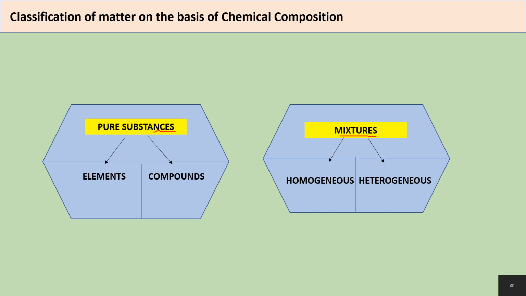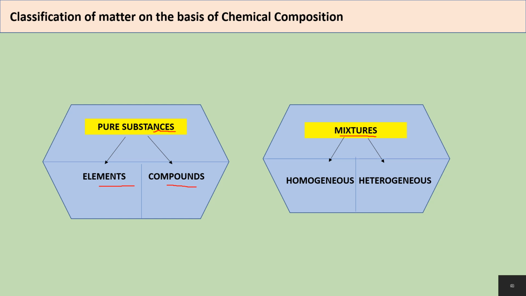Pure substances are further classified into elements and compounds. Elements are pure substances that contain only one type of atoms. Compounds, on the other hand, contain more than one type of atom.